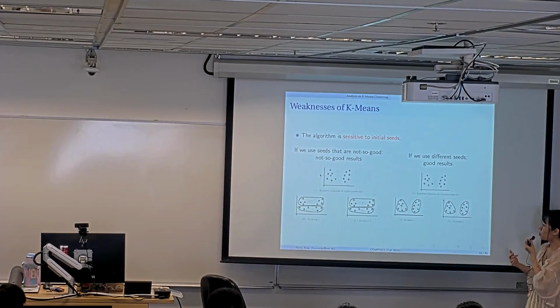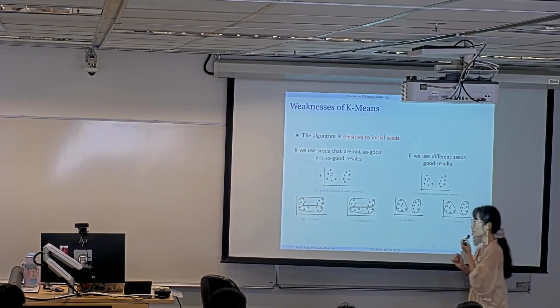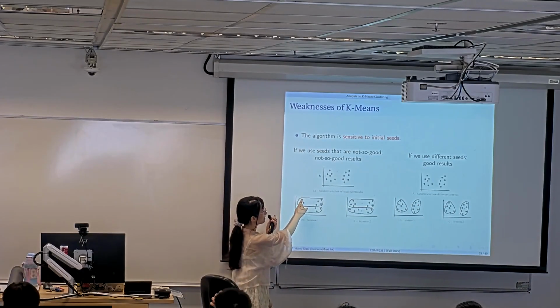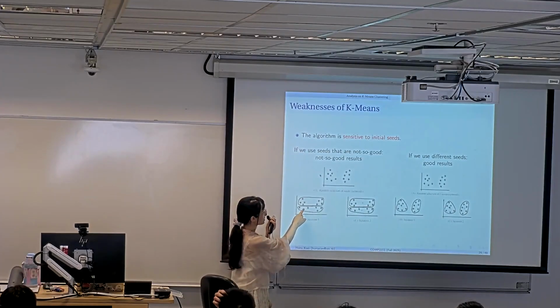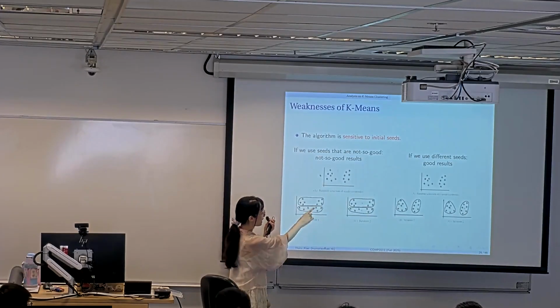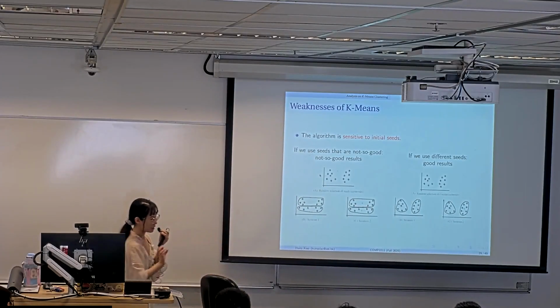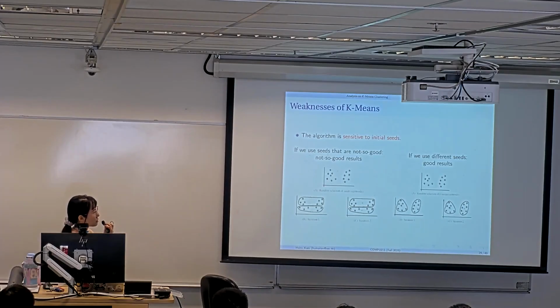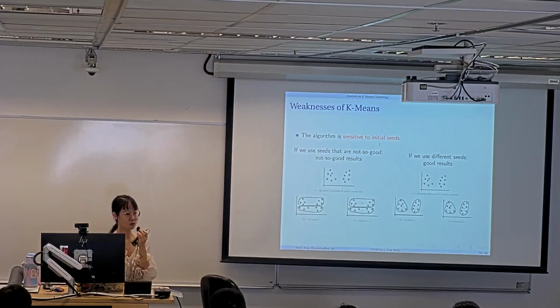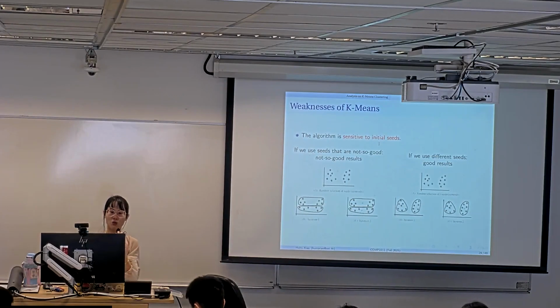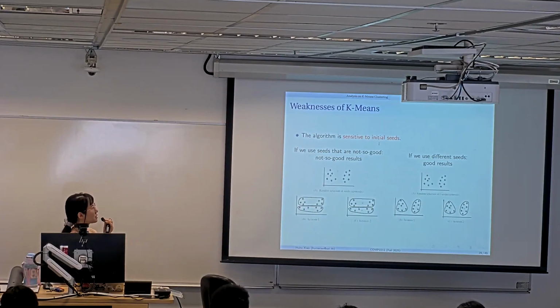But if we select not so good initial centroids, say one here and one here, then at the end we will possibly end up with this clustering result. So the clustering changes depending on the selection of the initial seeds. That's why scikit-learn's k-means module implemented n_init: it selects different sets of initial centroids and runs k-means clustering multiple times.